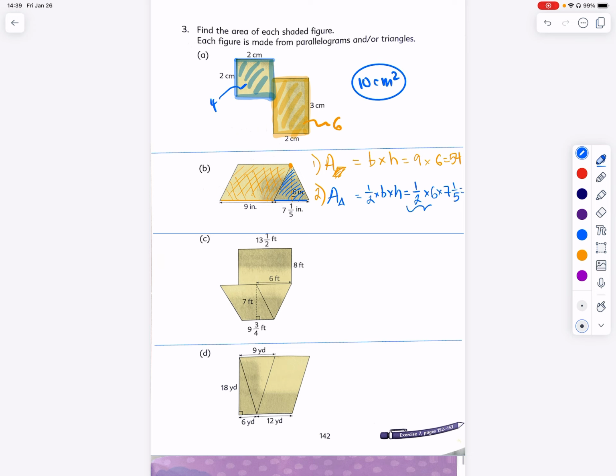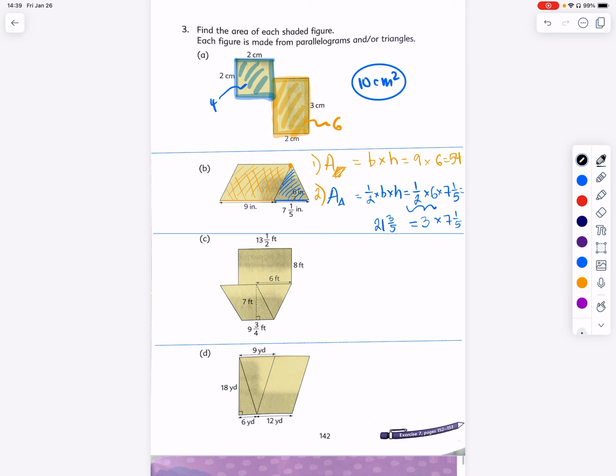I would suggest you do this operation first, and then you have 3 times 7 1/5, which is equal to 3 times 7, 21 3/5. So that's the second part, but my friends, we're not finished.